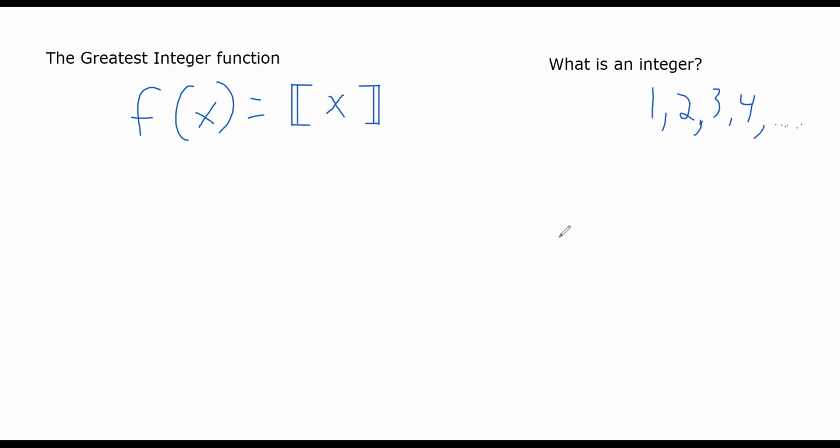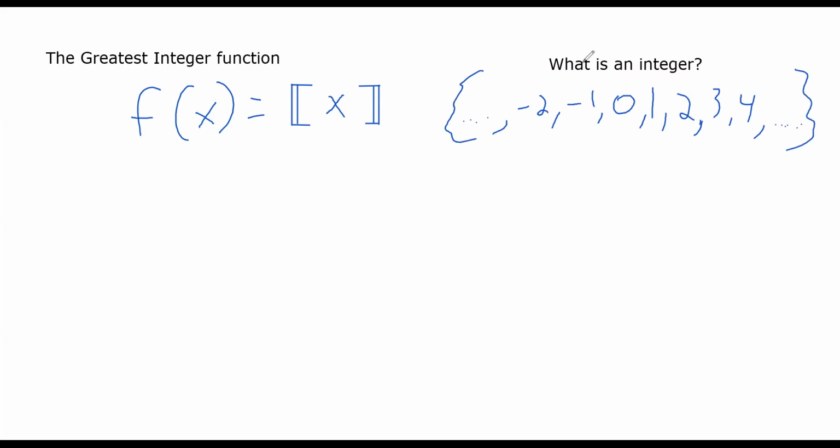But also in the integer set, we include 0. And then also we include all the negative versions of these positive whole numbers: -1, -2, and so on. So this is the set of integers.